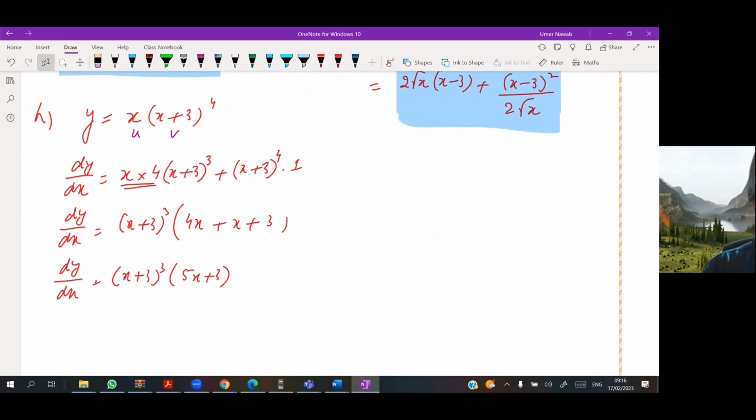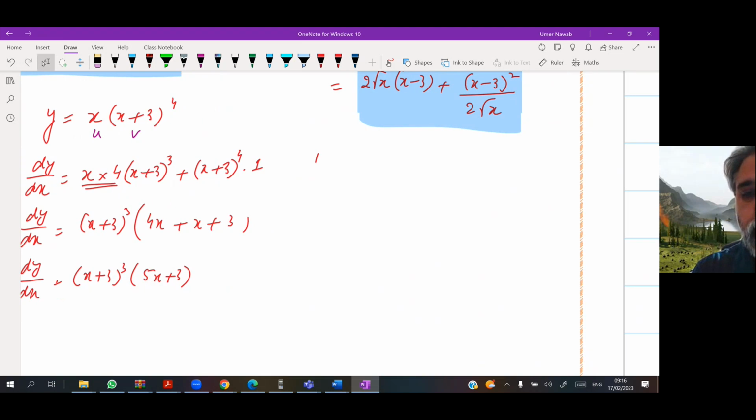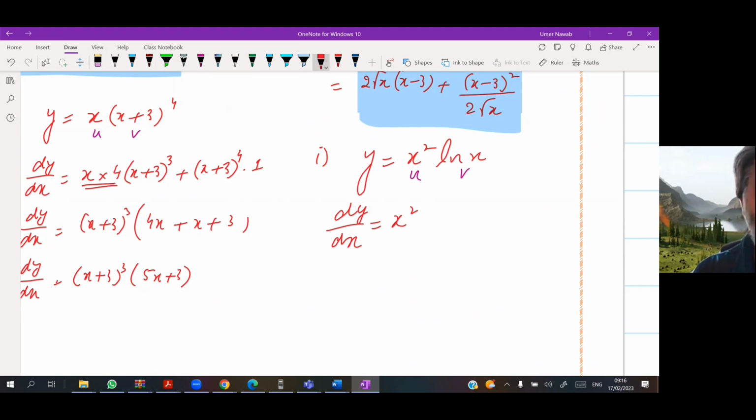Now I part, which might be the last part in the product rule. So y equals x squared ln of x. Now dy by dx, chain rule, u and v. I'm going to write here x squared as it is because it's u. What is the v prime? Ln of x is 1 over x.